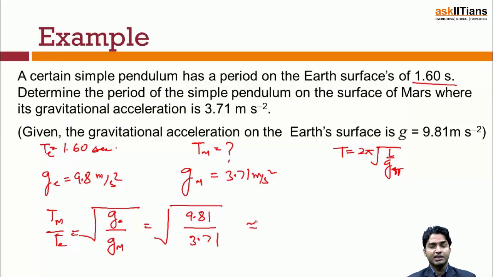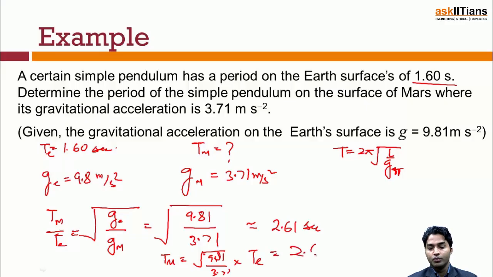On solving this mathematical equation, we will get the value around 2.61 second. In this way we will get the answer of this question. So what we have done, we used the simple equation for time, T equal to 2 pi under root L upon g, and we will proceed in this way.